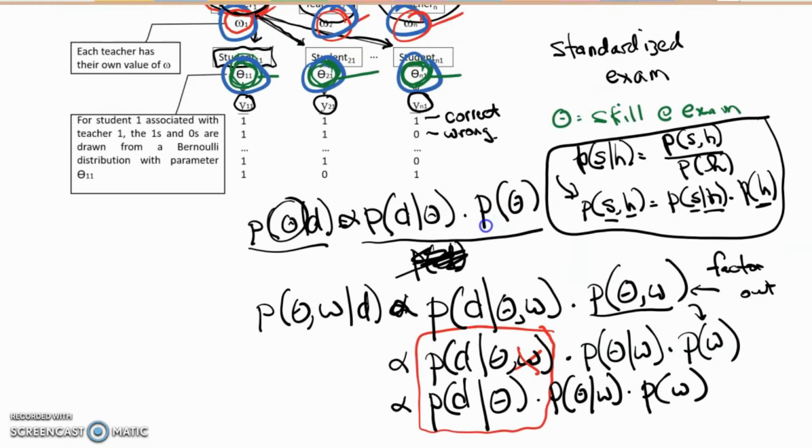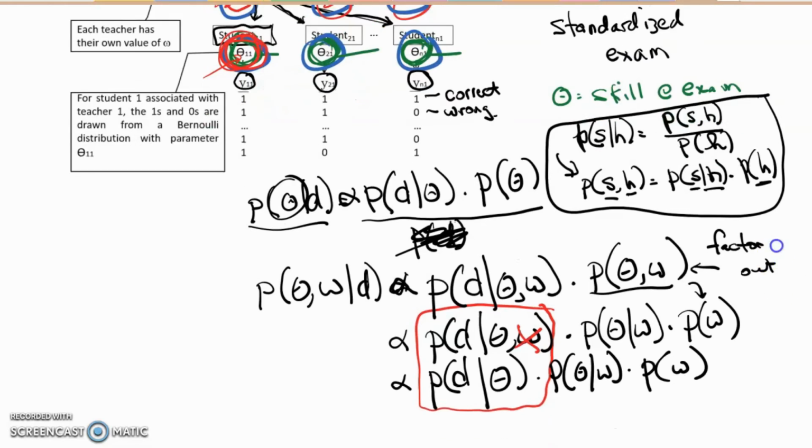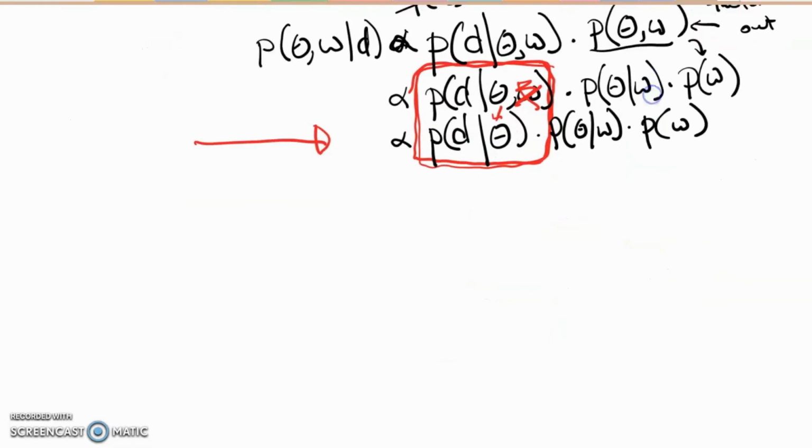That would make sense because, once we know how skillful the student is at answering the exam, it doesn't really matter what their teacher was, at least after we've established what their skill is. So we can simplify this by saying once we know theta, we can kind of ignore omega. So this is kind of the key factorization that's involved in hierarchical models.